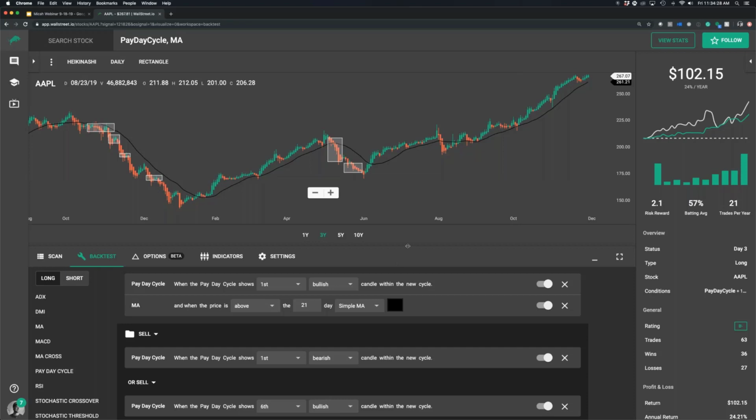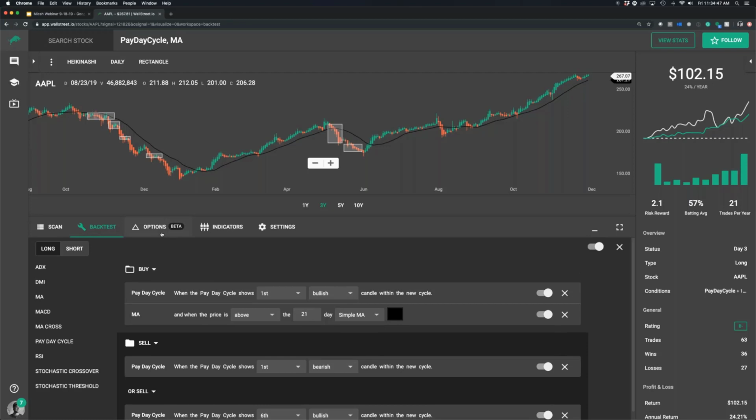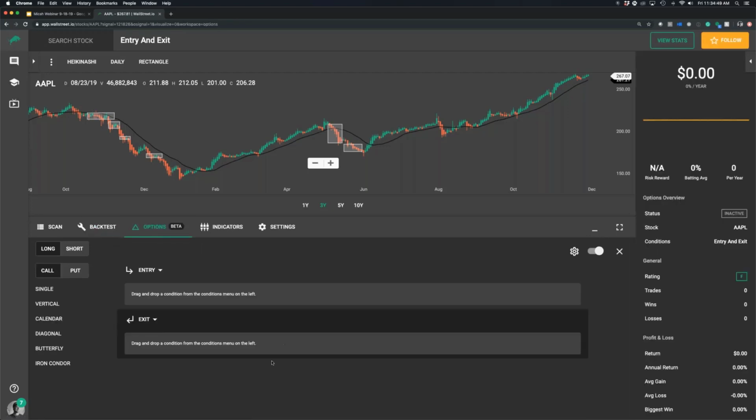So as I showed you, the Wall Street AO condition backtester, where you can test stochastics, RSI, payday cycle, moving average crosses, MACD, moving average, ADX-DMI across 8,000 tickers and ETFs across daily time frame for 1 year, 3 years, 5 years, 10 years. In this beautiful drag and drop editor, we've rebuilt in the same beautiful editor a way for you to now backtest options.